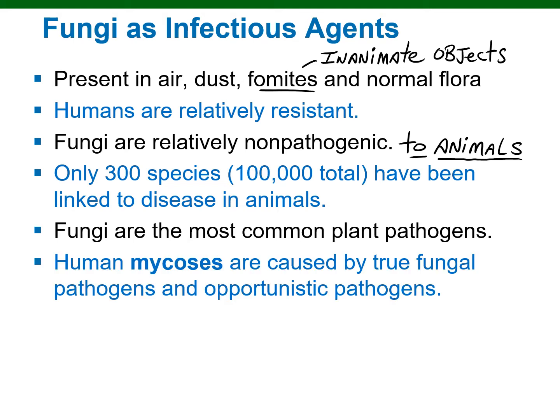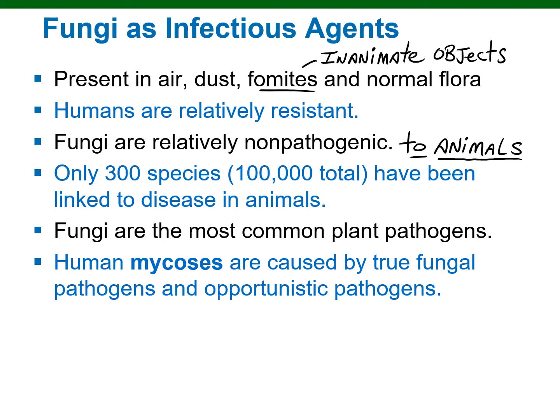And so mycoses in general are classified by their level of invasiveness or potential invasiveness. And so we can say that there are true fungal pathogens, which are fungi that even a healthy, non-immunocompromised person could become infected by.